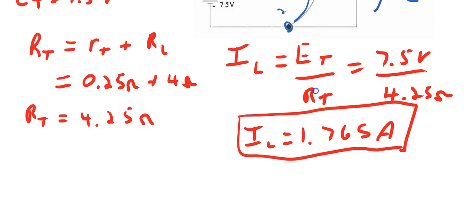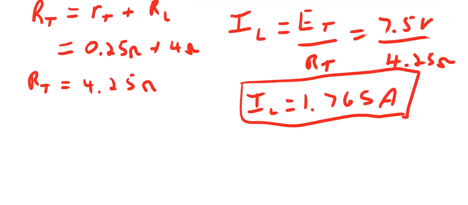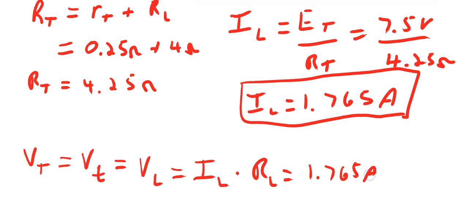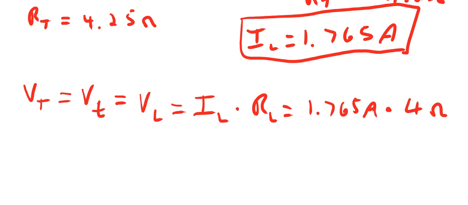And so that means that we can write VT is equal to VL, and by Ohm's law we have IL times RL, 1.765 amps multiplied by 4 ohms. And if we do the math on that one, we can say then that the terminal voltage of the battery is equal to 7.059 volts.